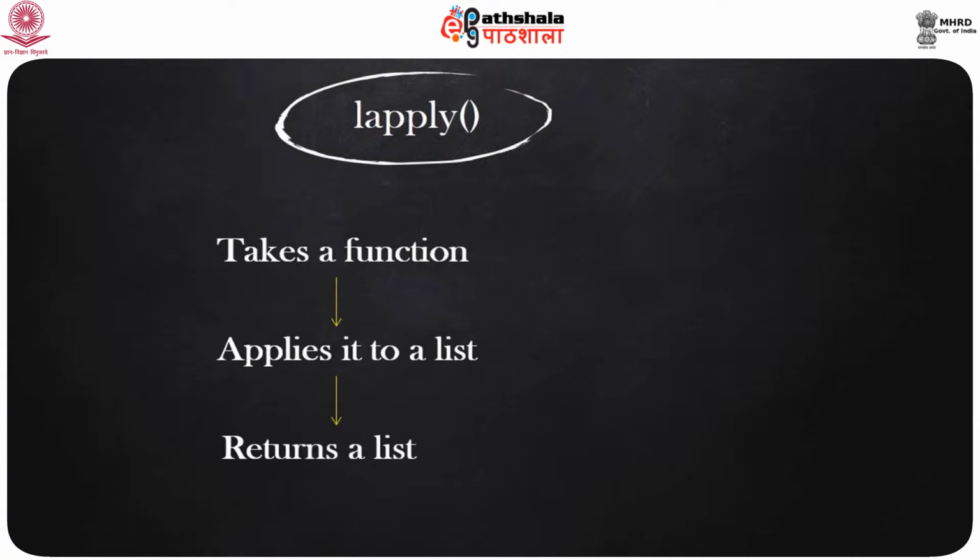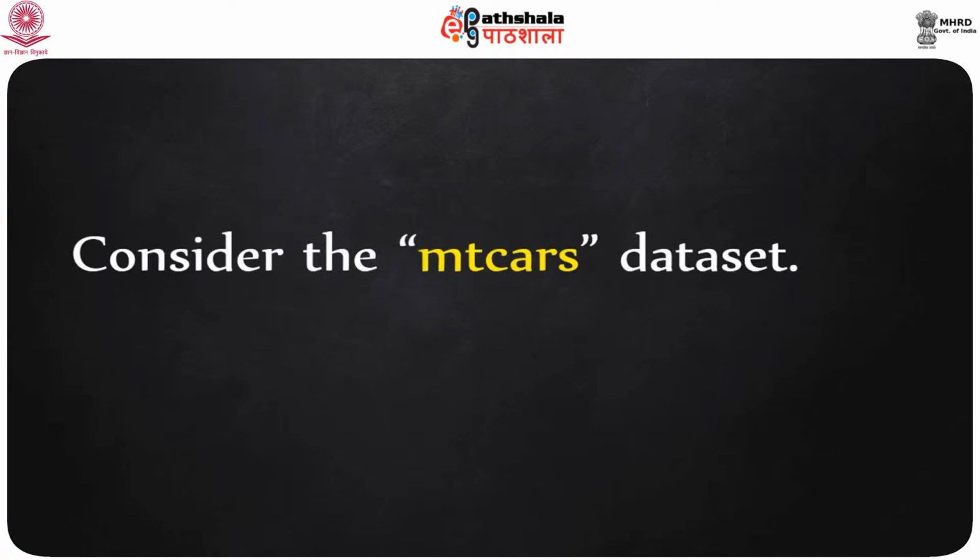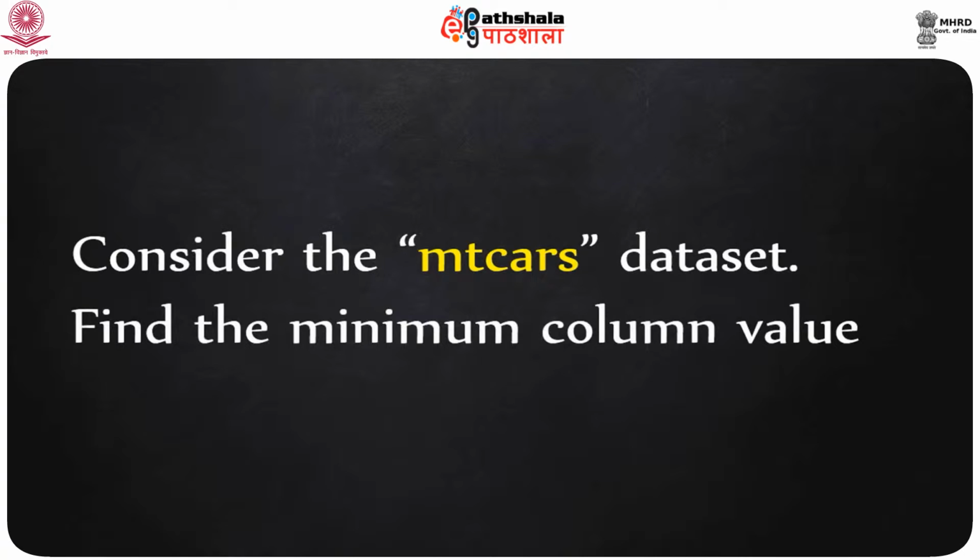So, let us consider how it works. For this, let us consider the mtcars dataset. As we all know, this dataset contains measurements regarding 11 components of 32 cars. Now, suppose for each of the columns we want to find the minimum value considering each and every car. So, what do we do? Consider the code that is given here.